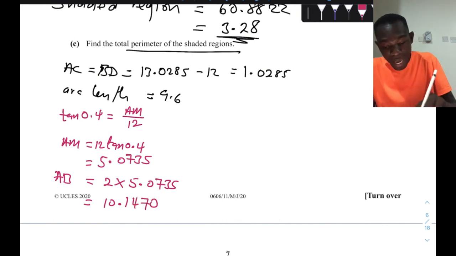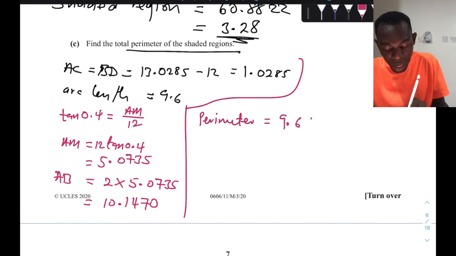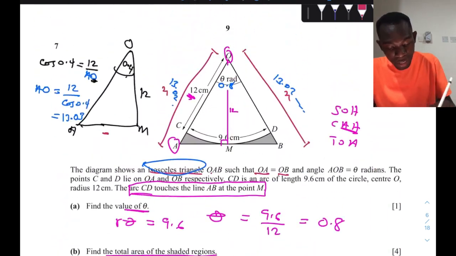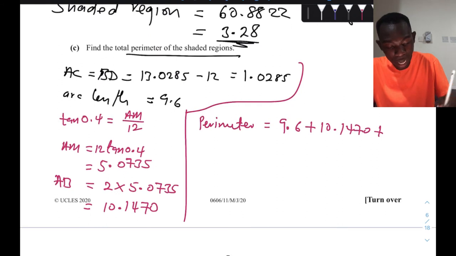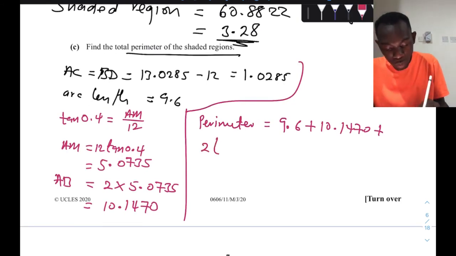10.1470. Okay, so I can now find the perimeter. All the pieces are there. So the perimeter is the arc length, which is 9.6, plus AB, which is 10.1470, plus this side, and that side. So that we have already found to be this, but we are adding this thing twice, so I can just write plus 2 into bracket 1.0285.